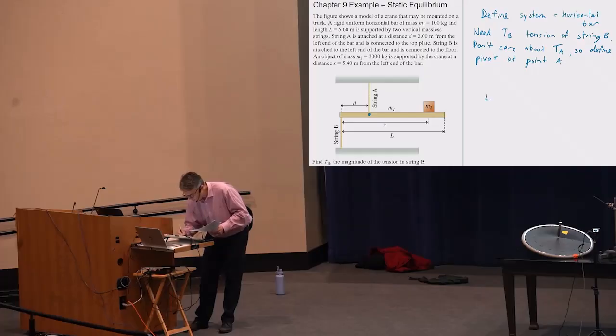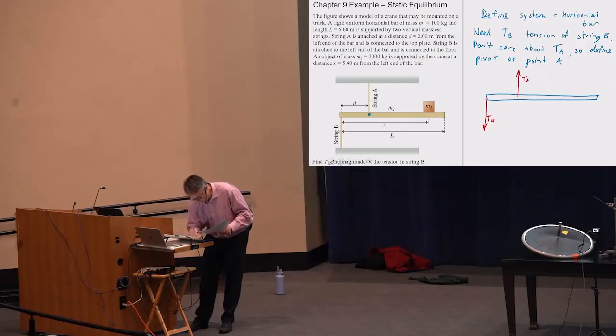So let's draw this. Here's the object. And I'm going to draw, let's use red to draw TB is pulling down there. TA is pulling up here, and we've got the distance D equals 2 meters from here to here. And then we'll put the pivot there.